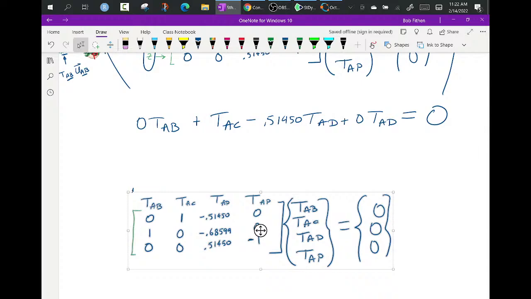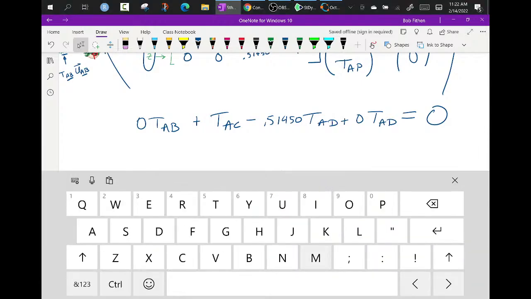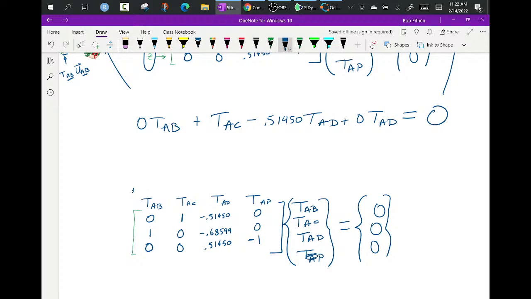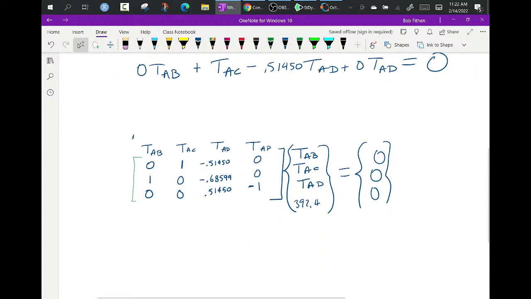So suddenly, there's one thing I actually know. I know what that is. Okay, hang on. 392.4, wasn't it? I'm already forgetting. Yeah. So here's what I'm going to do. I'm going to keep everybody else intact, because I don't know any of these, and I'm going to extract out this term.